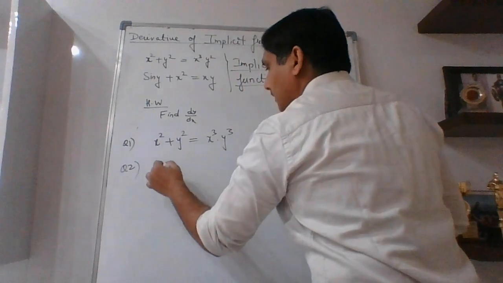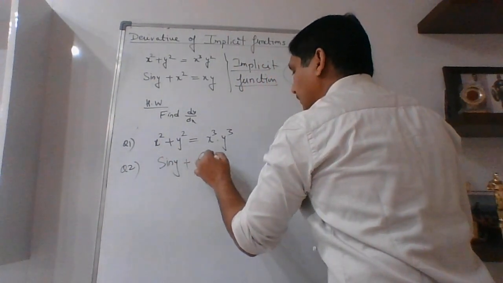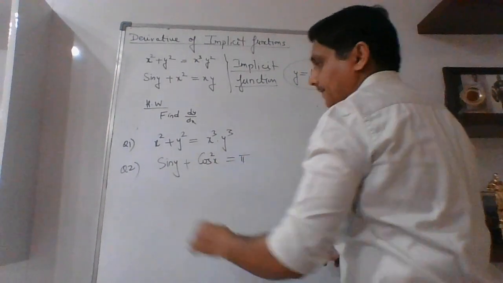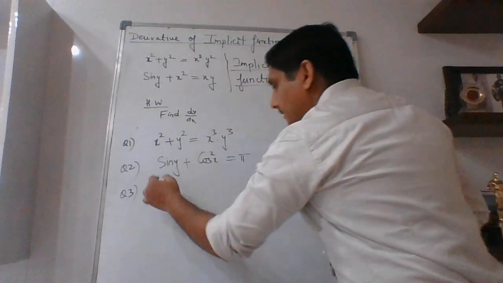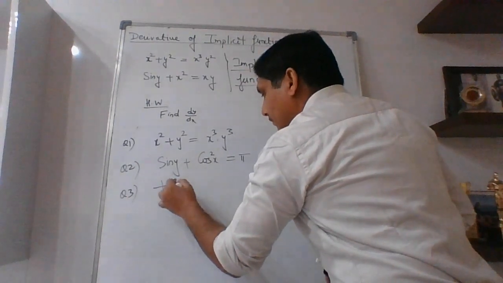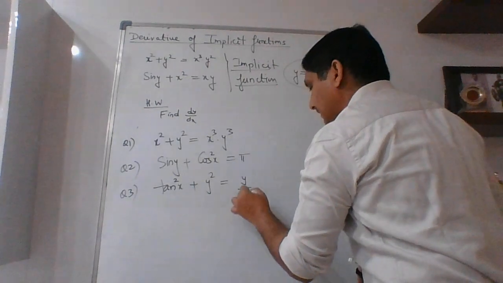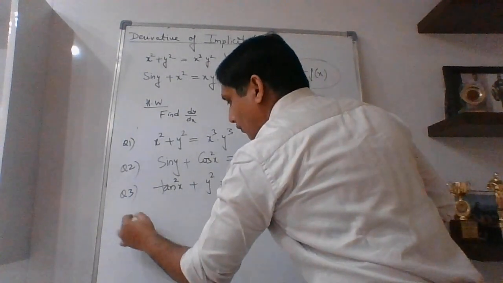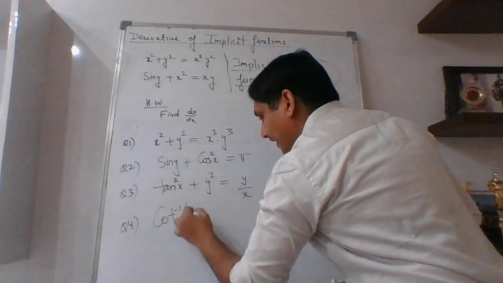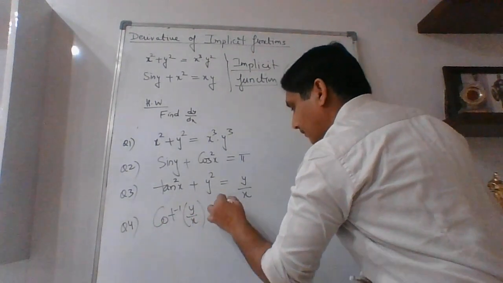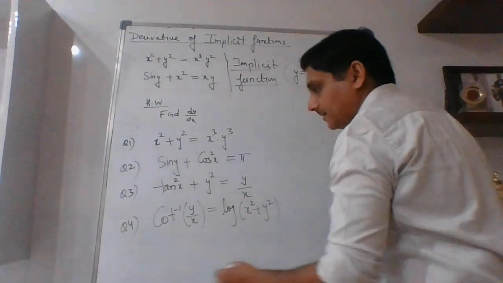Number 2, sin y plus cos square x is equal to pi. Number 3, tan square x plus y square is equal to y upon x. Number 4, cot inverse y upon x is equal to log of x square plus y square.